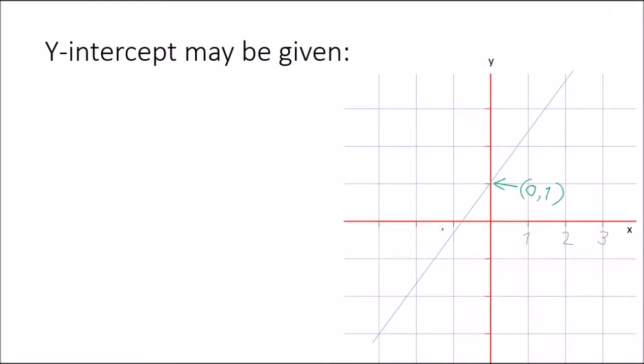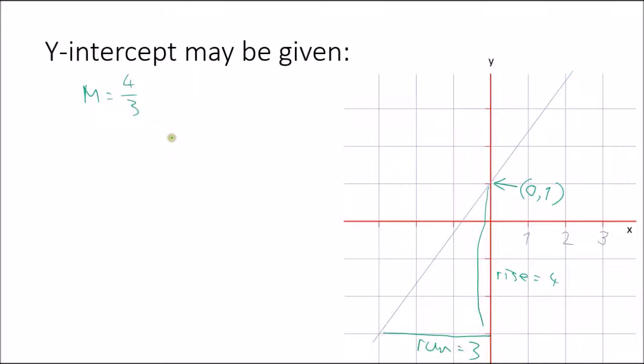Now, obviously we'd have to go about working out our gradient the same way that we did in the previous example. In this case I can see that we're going across there and up here. So rise is 4, run is 3, and we could calculate this simply as our gradient is 4/3.